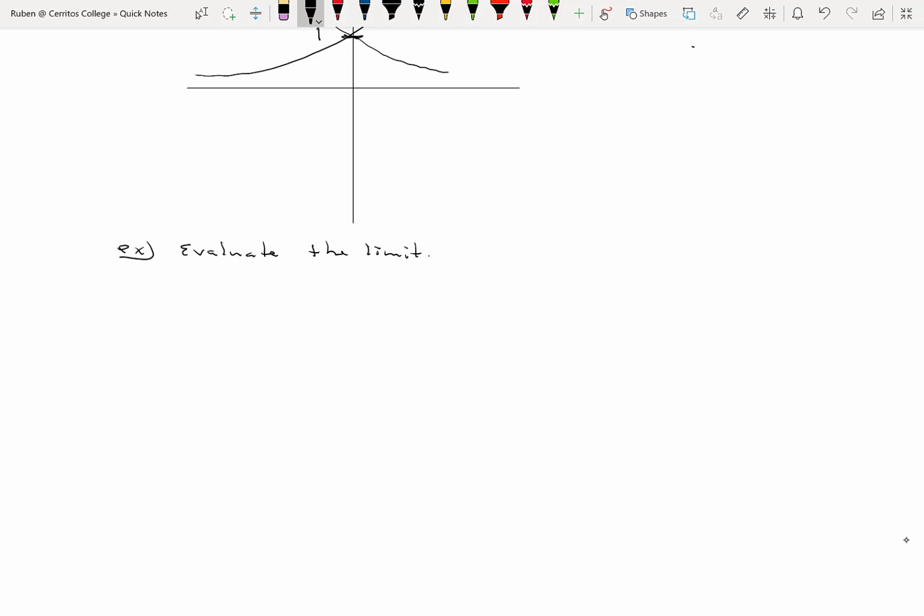And the limit is going to be this one. So the limit as x approaches positive infinity of e to the x plus e to the negative x over e to the x minus e to the negative x.